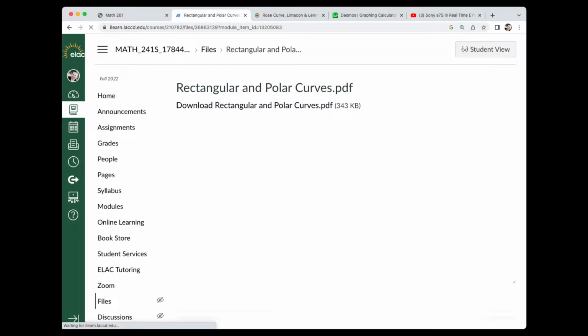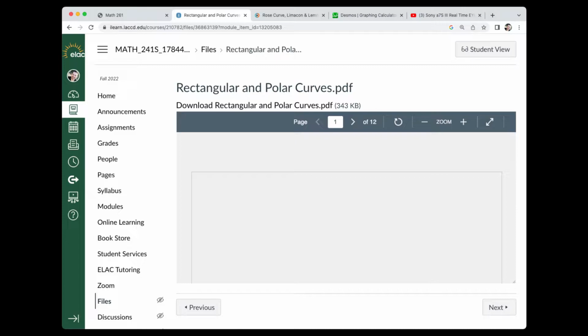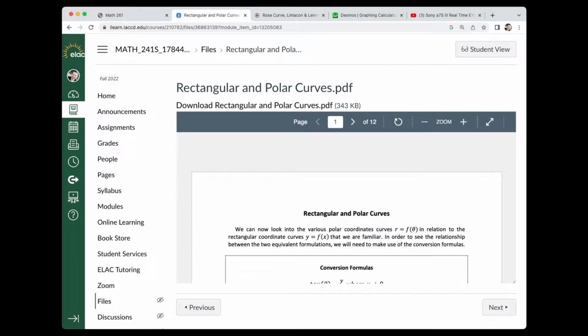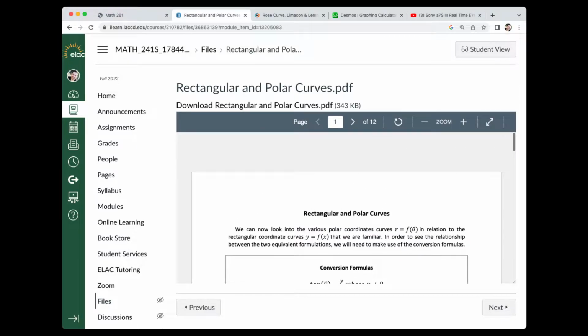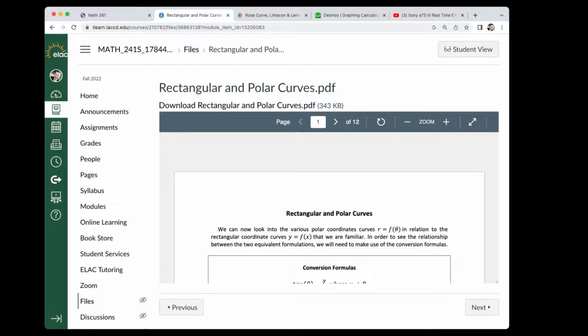Rectangular and polar curves. So what I'm going to need to do is go to my settings. Turn my Bluetooth on. Okay. See this rectangular polar curves? I got to talk about this. I'm going to bring this in the iPad.